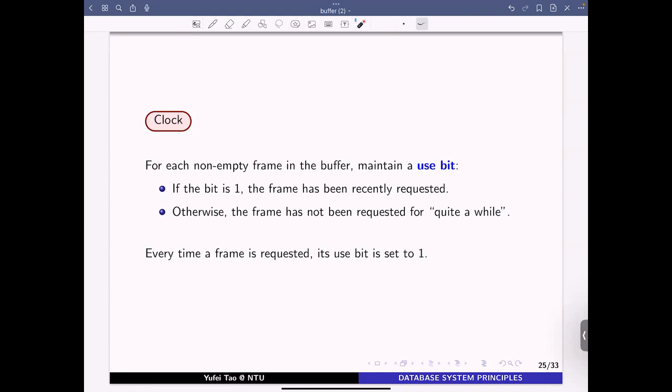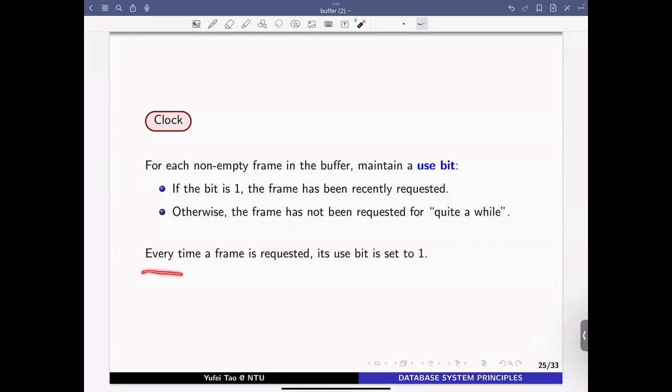The hand moves from one position, goes over all the frames, and comes back to the same position. That's one round. So if it's 1, it means it has been accessed in the past round. Otherwise it would have been 0. If it's 1, it has been recently requested. Otherwise, it has not been requested for quite a while, basically for one round at least.